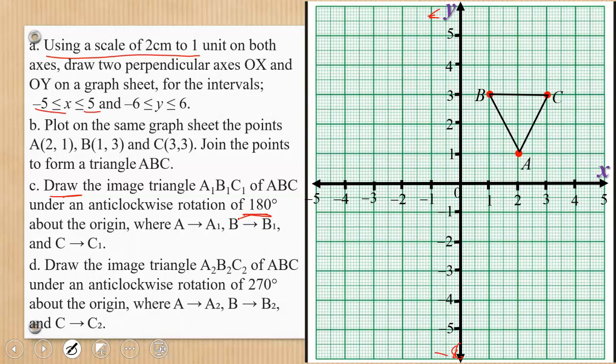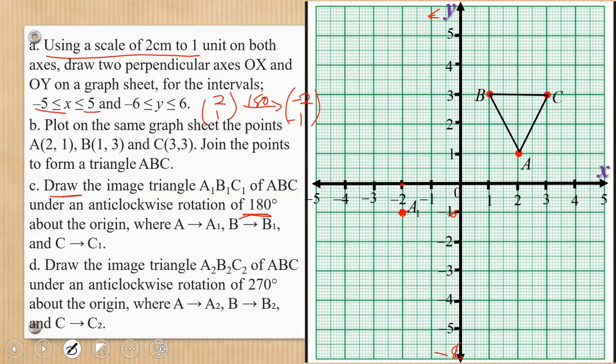And so if you use the original A, which is (2, 1), and you rotate it 180 degrees, we said earlier that it is going to give us 2, 1 the same way, but negated. And so we plot our point (-2, -1), and they'll meet somewhere here. So that becomes our image A prime.